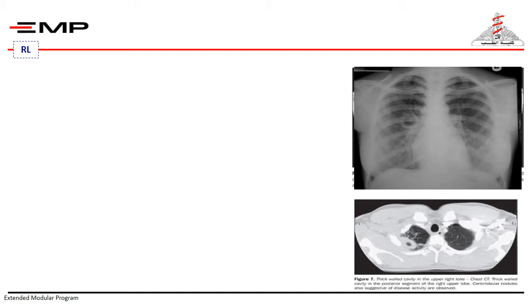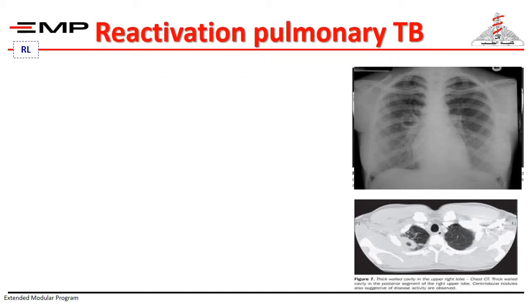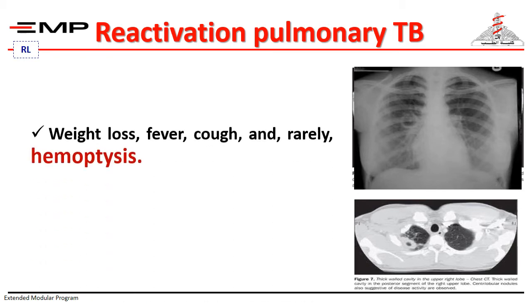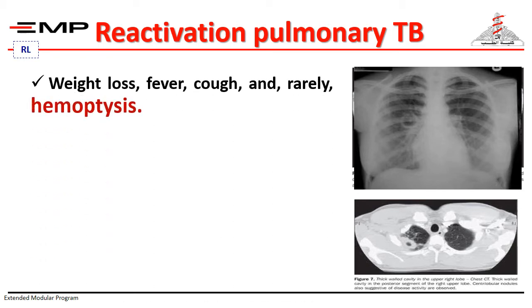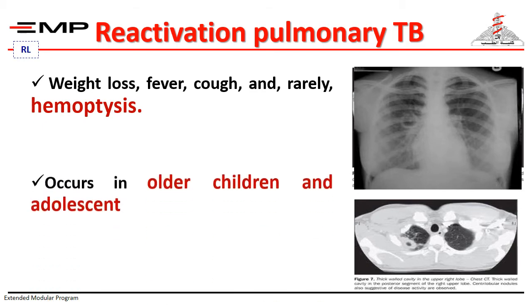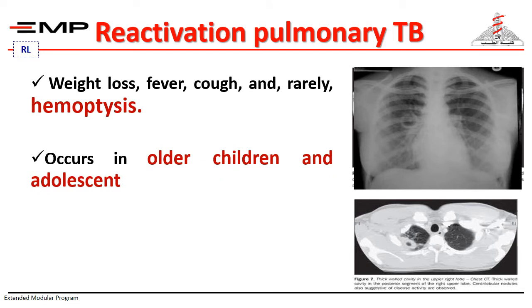As we see here, he has cavities, which is reactivation of pulmonary tuberculosis. They have weight loss, fever, cough, and rarely hemoptysis because of erosion of the blood vessels and bronchi. It occurs in older children and adolescents.